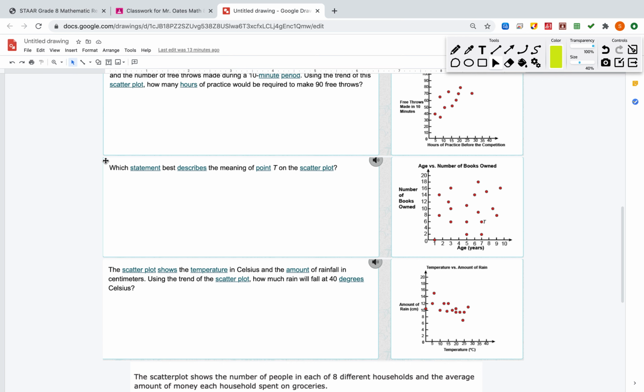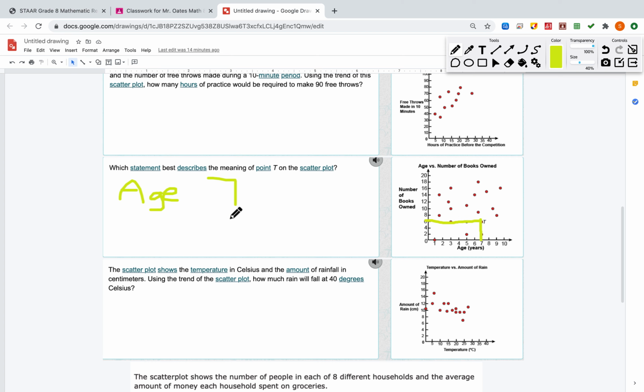Next, which statement best describes the meaning of point T on the scatter plot? Well, T. First let's look at what this axis is saying. Right here on T, it's saying that the age of whatever T is 7 years old. Now let's see what information we can get from the other axis.